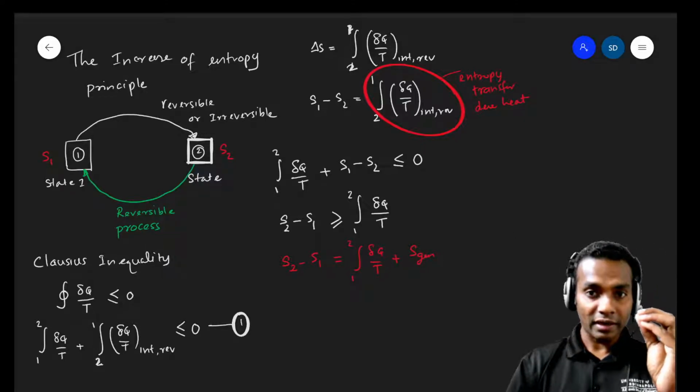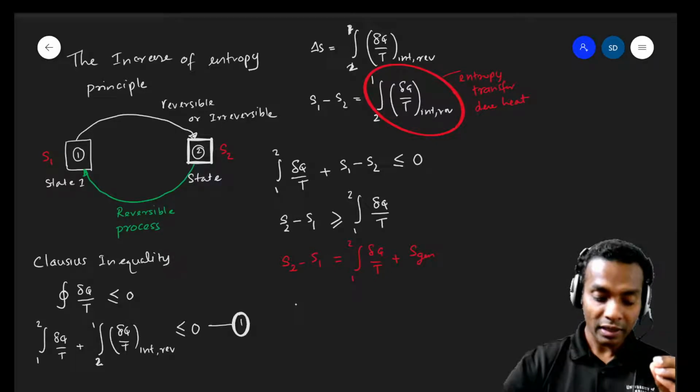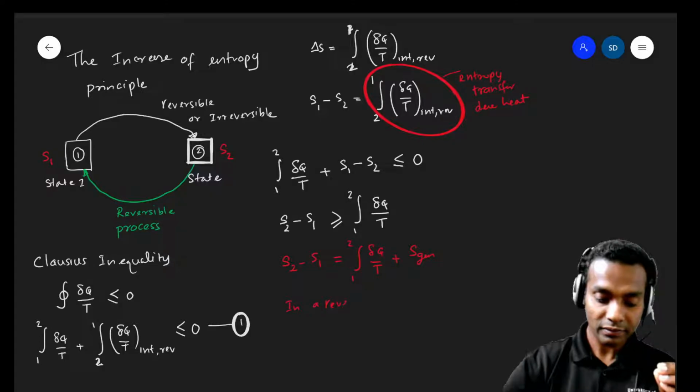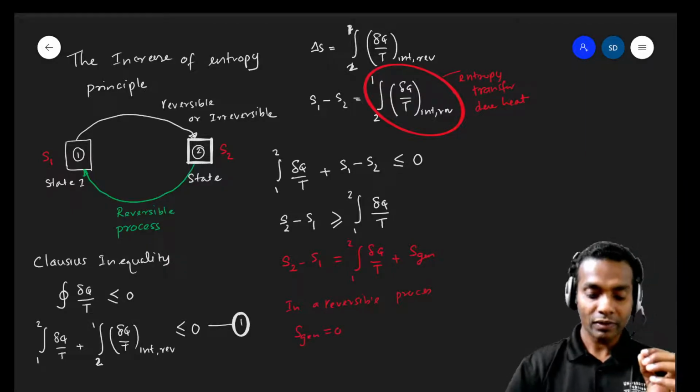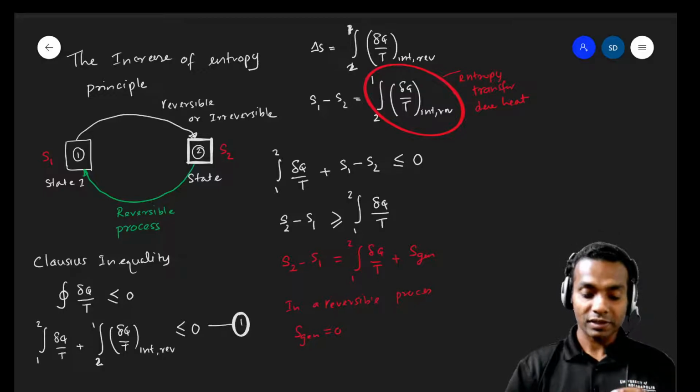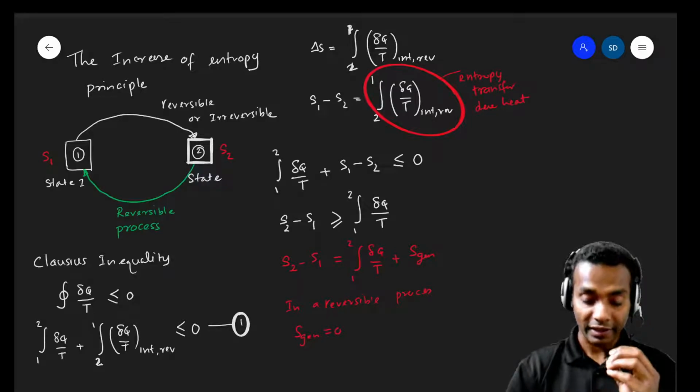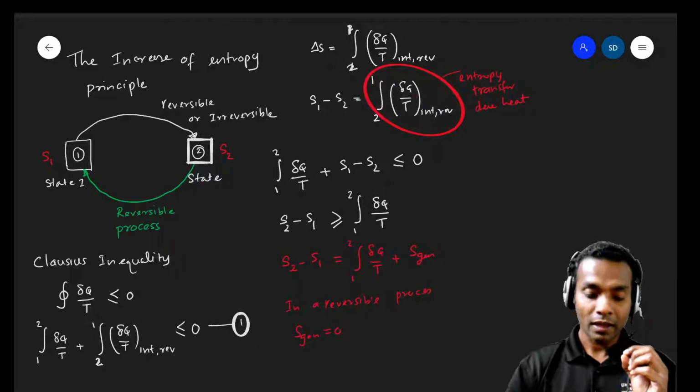In a reversible process, this S gen is going to be 0. For an irreversible process, S gen is greater than 0.